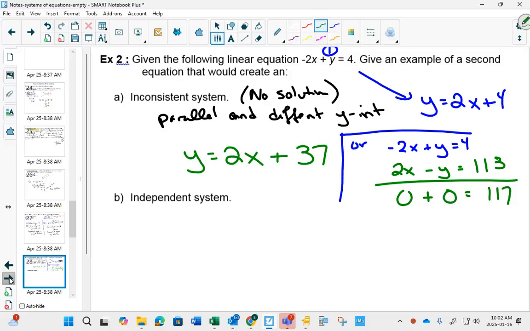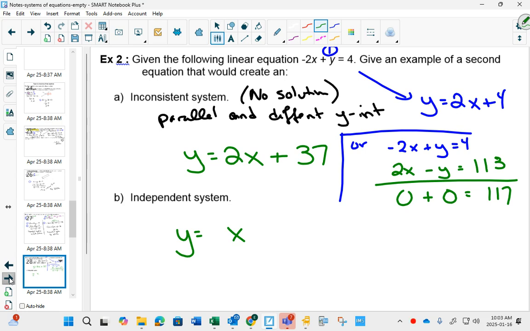If they ask you to make an independent system, it's pretty hard to get it wrong. In other words, if you just randomly write an equation of a line, you're almost guaranteed to get it right. Because an independent system means that you have to have two lines that aren't parallel and aren't the same. So as long as your lines aren't parallel, the 2 is in front of the x.